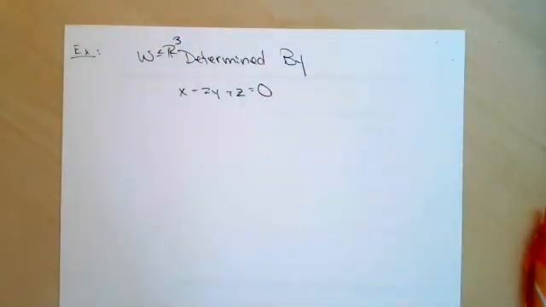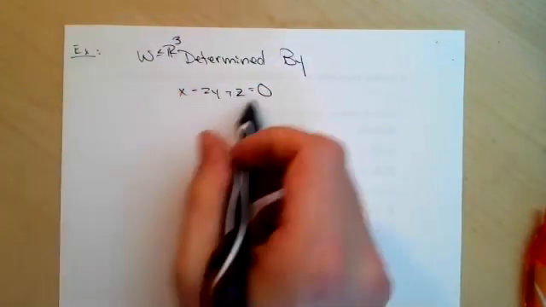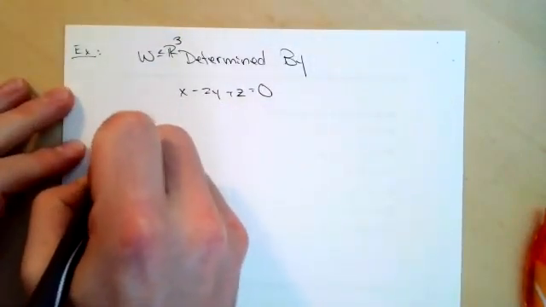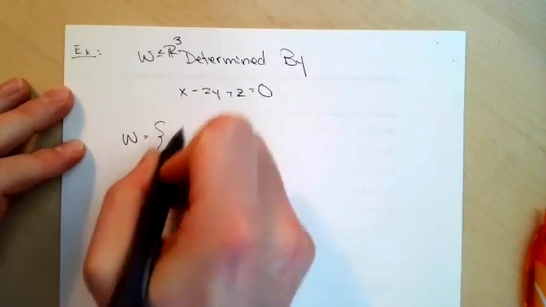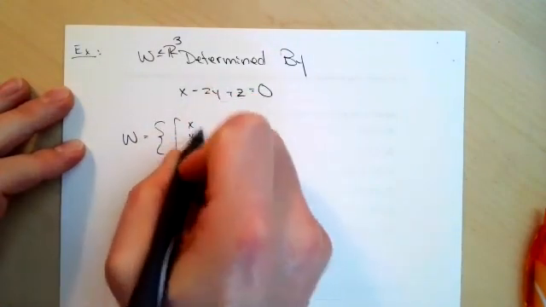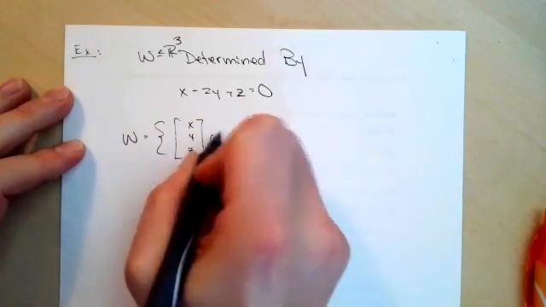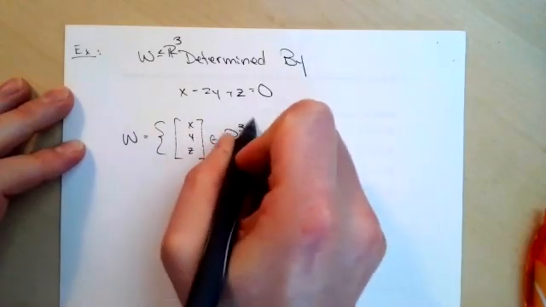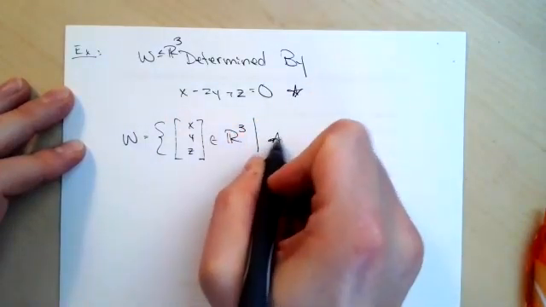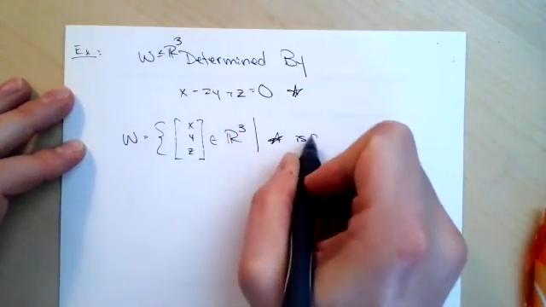Whenever we say W is determined by this, really another way of saying that is W is going to be the set of all vectors in R3 such that star is satisfied.